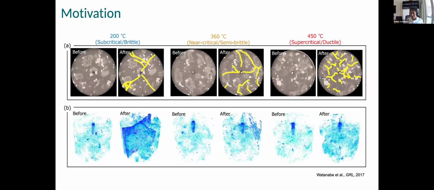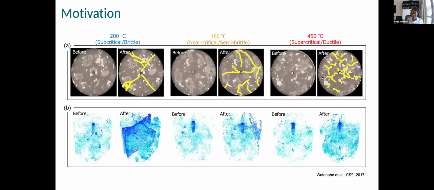This paper was very interesting because in supercritical geothermal systems, we thought that the rocks have very low permeability, and it's very difficult to stimulate such rock because the rock is ductile.